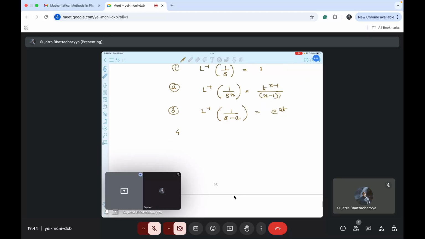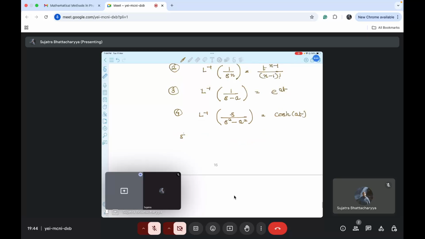Fourth, L inverse of s divided by s square minus a square will be nothing but cos hyperbolic at. Fifth, L inverse of 1 divided by s square minus a square is 1 by a sinh at, because a is a constant, right?